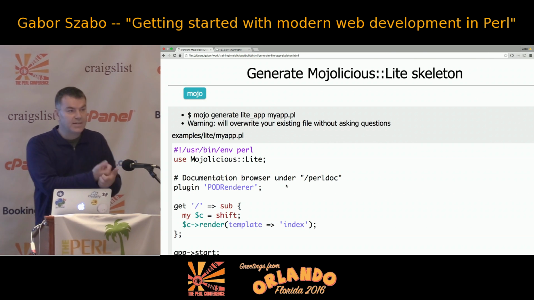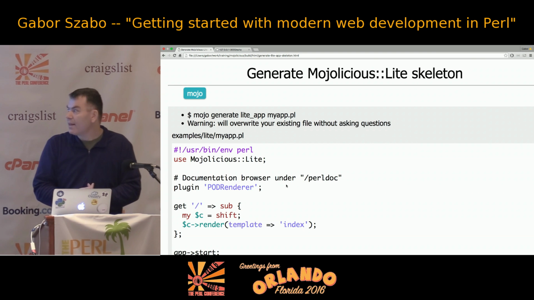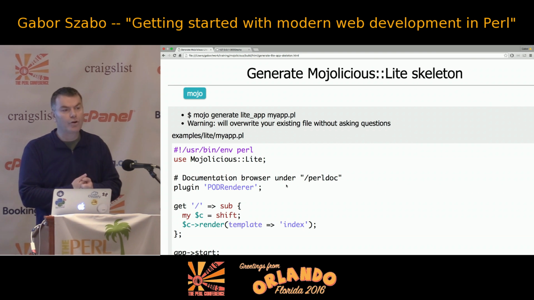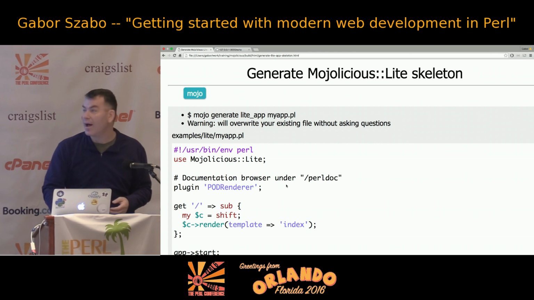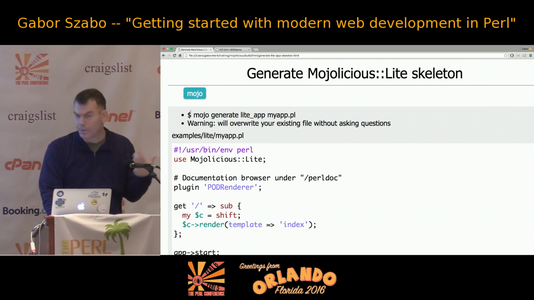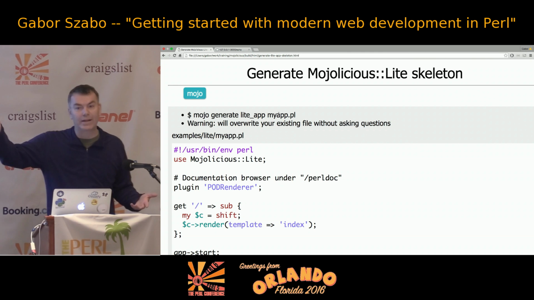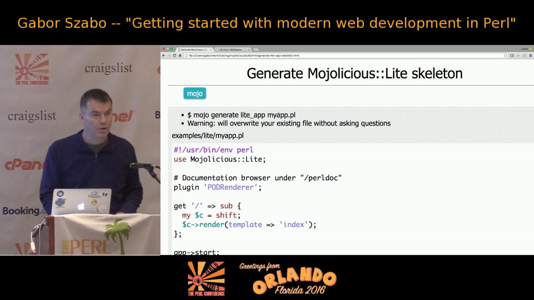Okay, so basically that's the main part of Mojolicious Lite. We started with just writing a script, but you could have started with a tool called Mojo that comes with Mojolicious, saying mojo generate lite_app. It's going to create a lite application, and you can say the name of the script, or it automatically creates one if you don't.